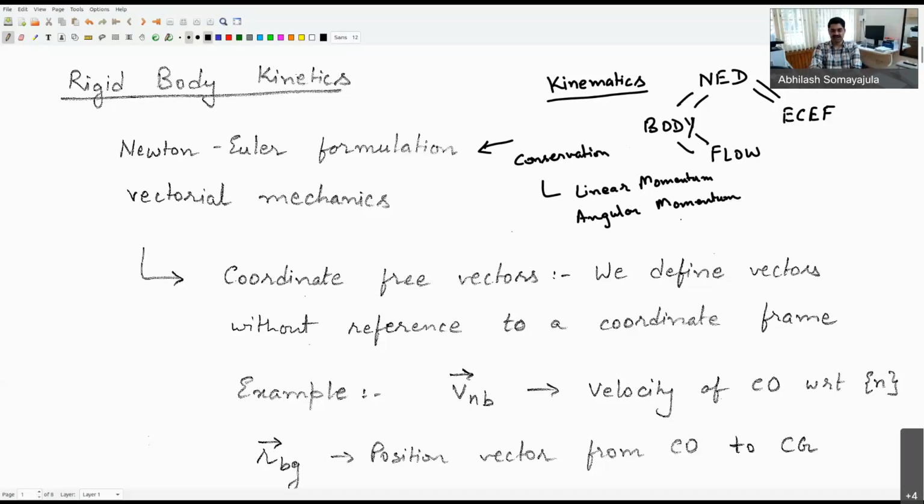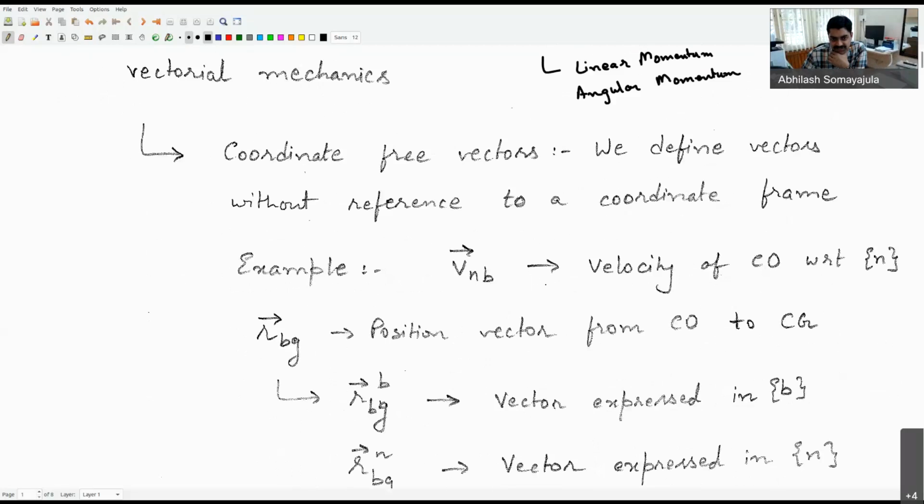But before we get started, I want to introduce a slightly different convention for representing vectors. We'll call them coordinate-free vectors, which means we define these vectors without reference to a coordinate frame. For example, if I denote the vector V_B, that is the velocity of the origin of the body-fixed coordinate system with respect to the NED frame, but it is not expressed in any frame.